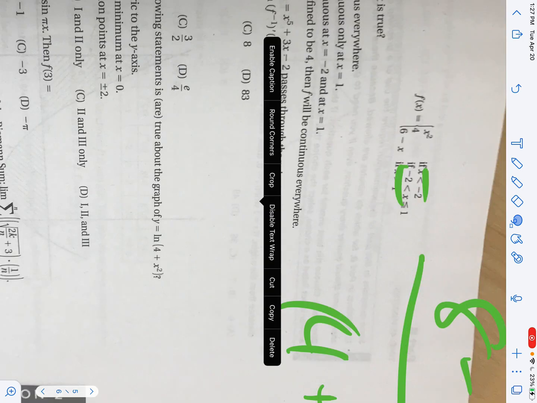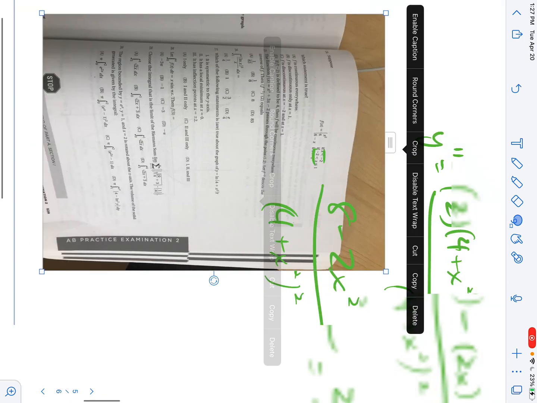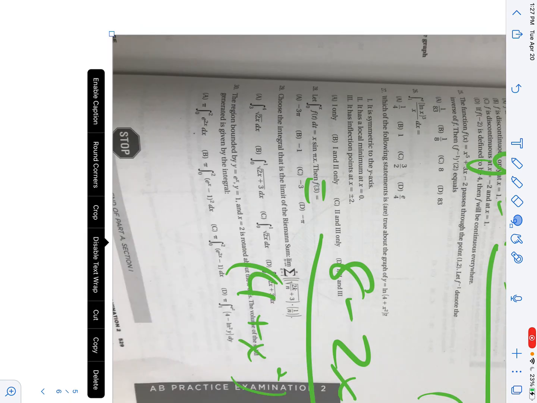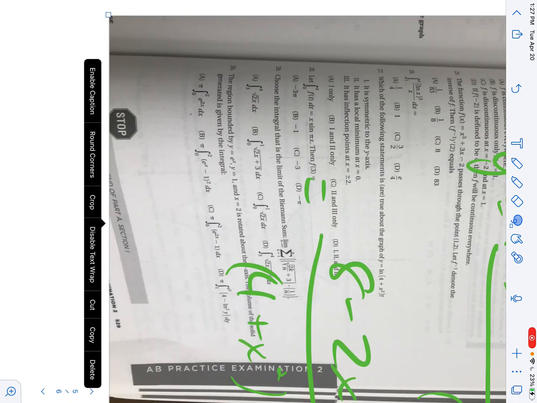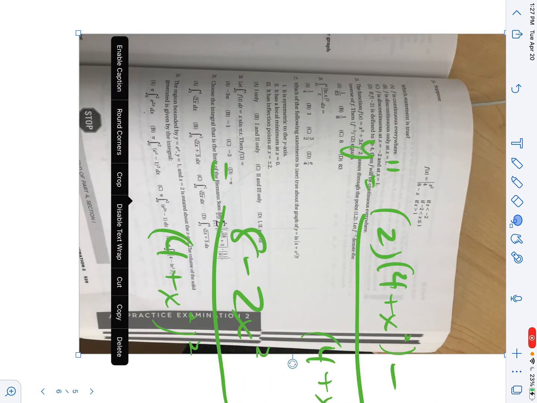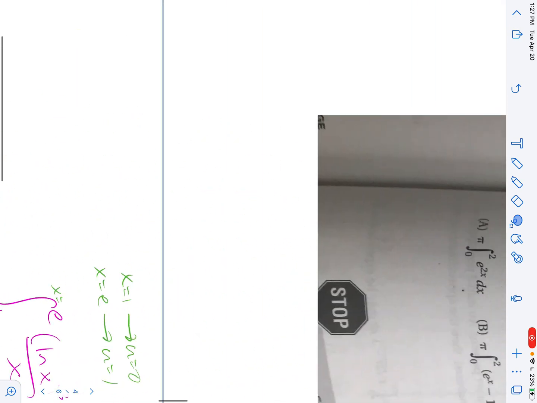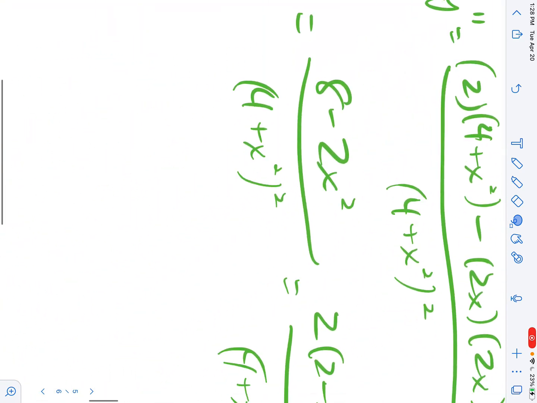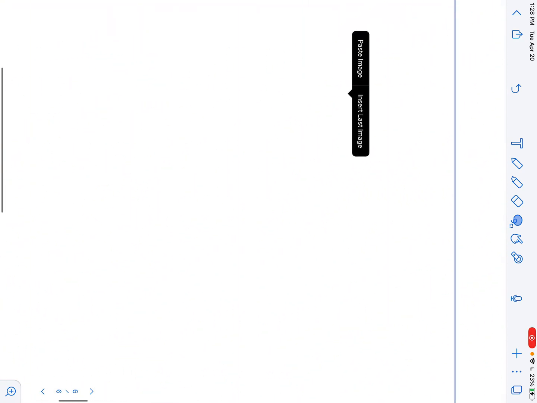Let me try this again. Okay, let's just take a picture of number 28. Copy this. And then paste it. There we go.